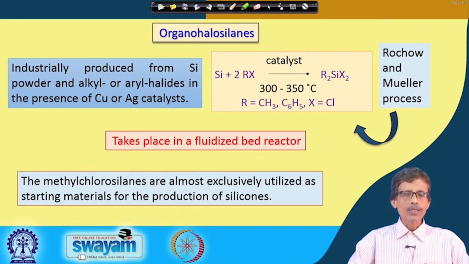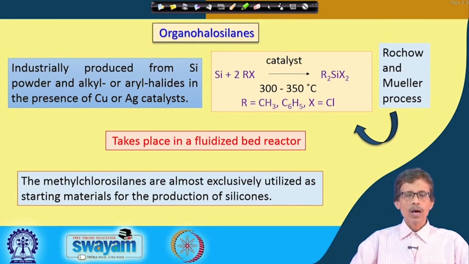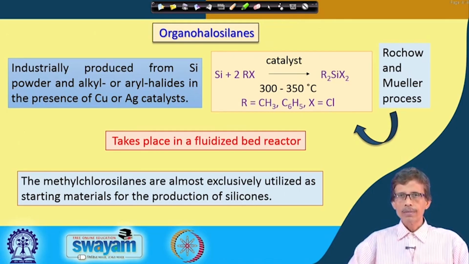The variety we get is the methyl variety, where R is the methyl or CH3 function and X is Cl. So, we get the methyl chlorosilanes, which are almost exclusively utilized as the starting material for the production of silicones, that means silicone oils, silicone rubber or silicone sheets of different strength and different solidifying types.